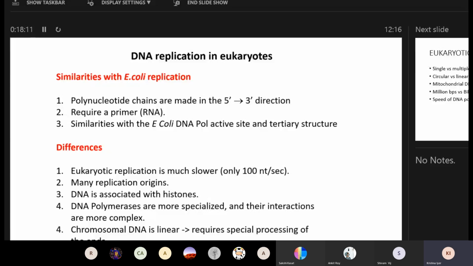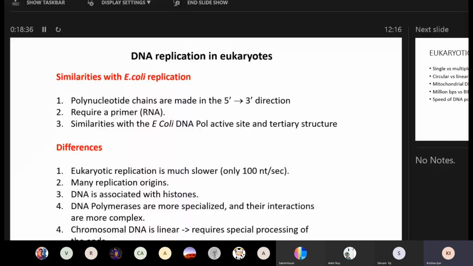The third thing that you find is that the DNA which is present in eukaryotic systems is associated with histones. So it is packaged to an even greater extent than what you would see in bacterial systems, where you do not have these histones.